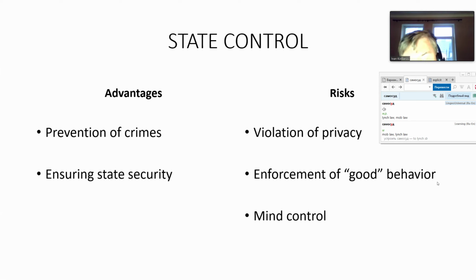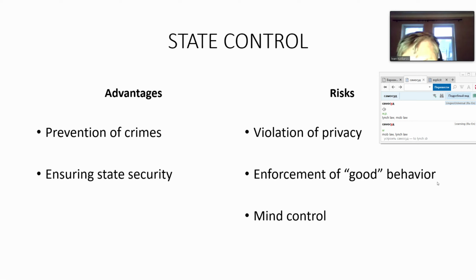Ladies and gentlemen, we discussed during our previous lecture the problem of cybersecurity. As you understand, terrorists, state and non-state institutions are actively using digital tools for crimes. Obviously, the state also should use digital tools to prevent crimes, to fight crimes. But there are many risks associated with this state control.